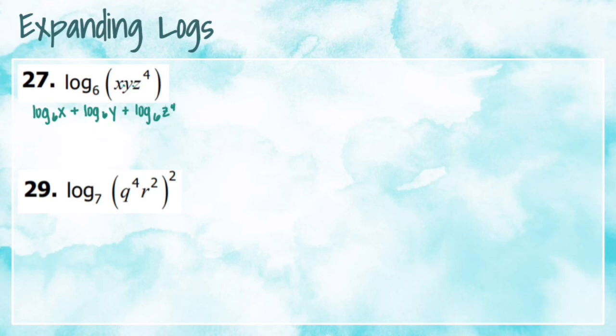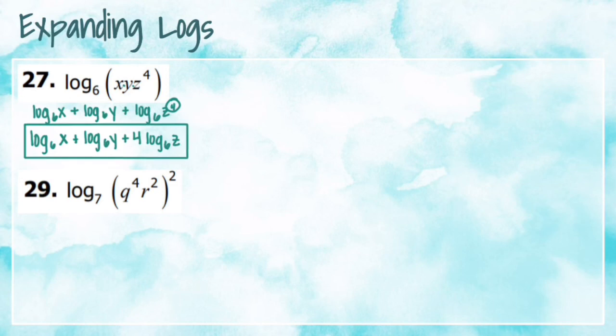So we're going to rewrite this one more time, and it's going to be log base 6 of x plus log base 6 of y plus 4 log base 6 of z. And that's your answer for expanding this logarithm.